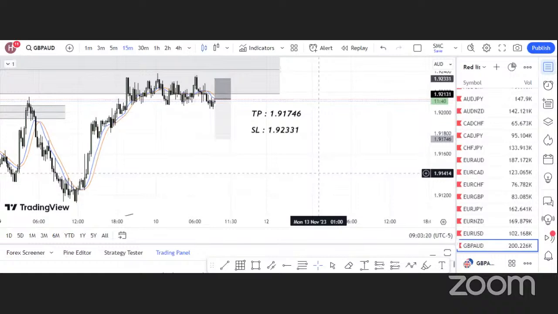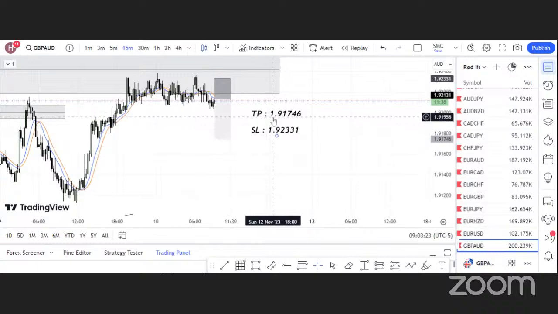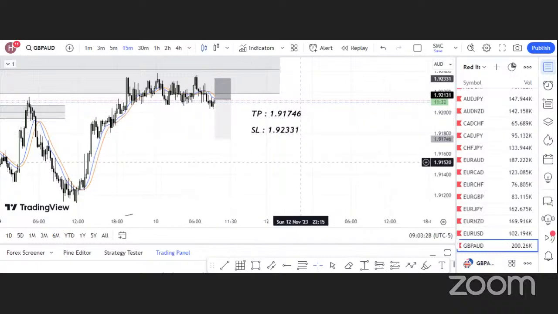When you click on it, enter these numbers. For TP, enter this. For SL, enter this. When you enter them, then click on sell. So please set this so that I can end our session for today.